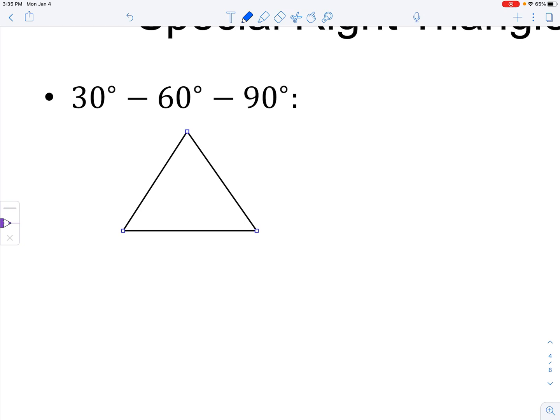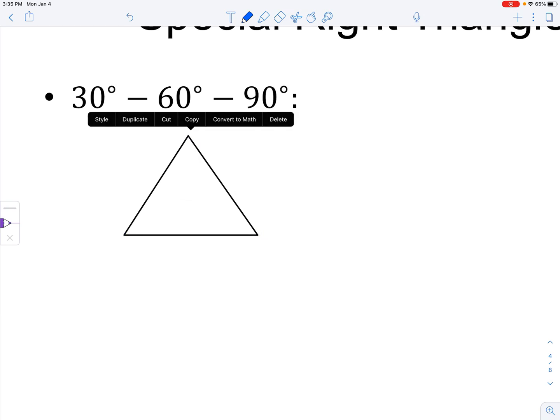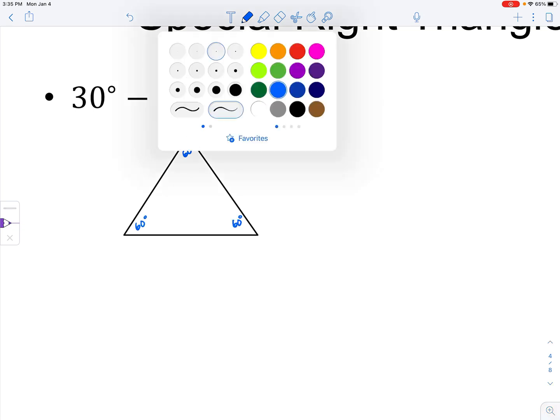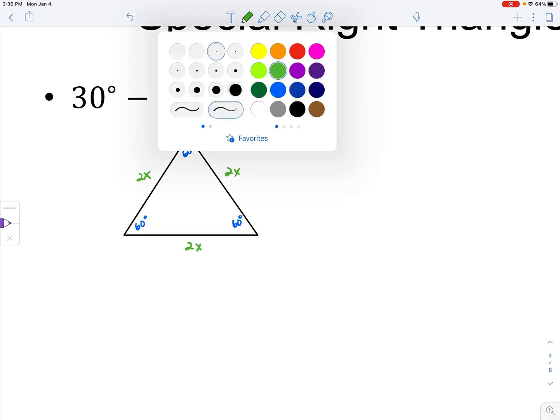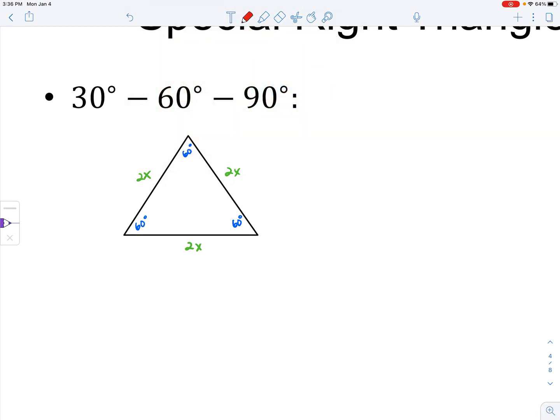So if they have equal side lengths, we take 180 degrees and divide it by 3. So each angle here would be 60 degrees. Then I'm going to name each side 2x. You'll see why I choose to do that, right? They're all just equal in length.